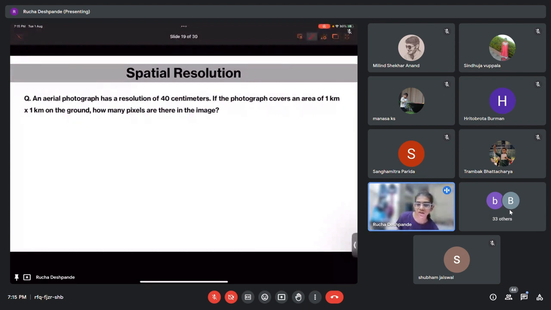So we have to count the number of pixels. Be careful about the units. Does anyone want to change their answer?